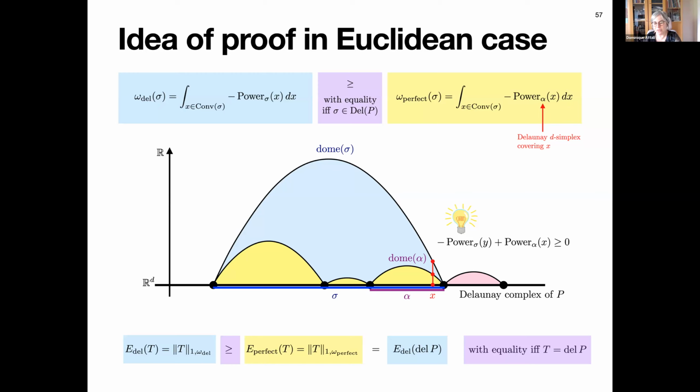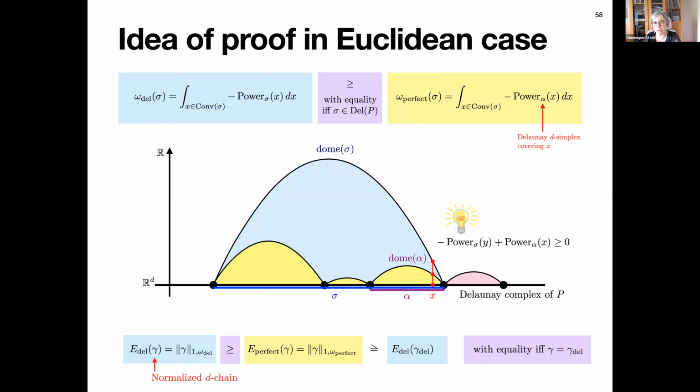But this coincides with the Delaunay energy of the Delaunay complex, and we can prove that there is equality if and only if the triangulation T coincides with the Delaunay complex. So this is the idea in the Euclidean case. Plus, when now gamma is a normalized d-chain, the same remains true. So we have exactly the same sequence of inequalities here.